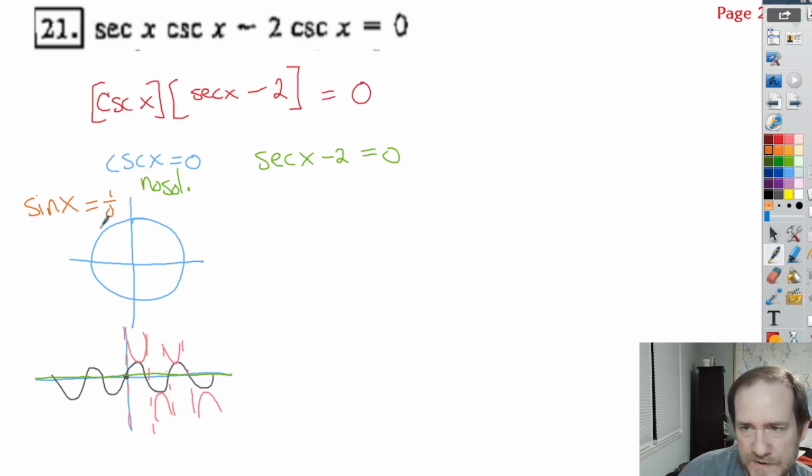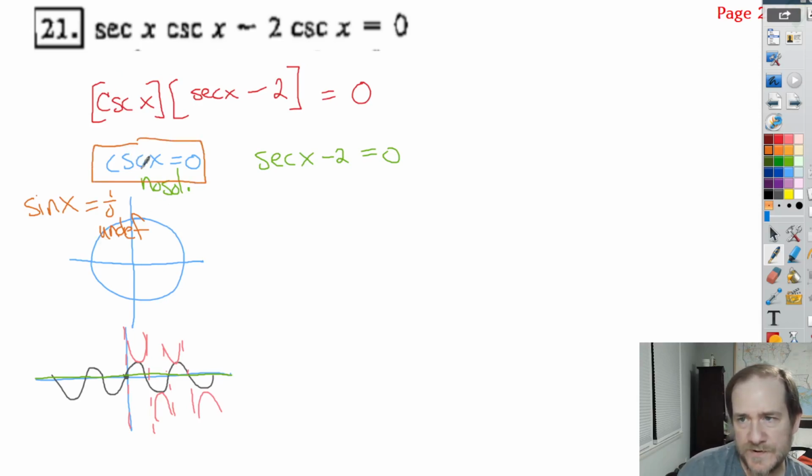They were asking you, when is sine undefined? Sine is never undefined, right? Sine doesn't have asymptotes or holes or anything. So either way you think about it, when does cosecant equal 0? It never equals it. When is sine undefined? Never. So what solutions does this blue equation bring to the party? None. So forget about it.